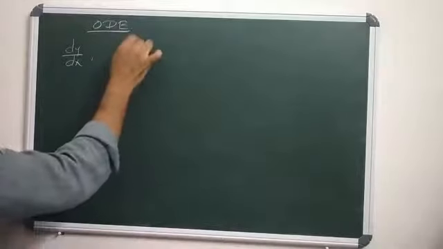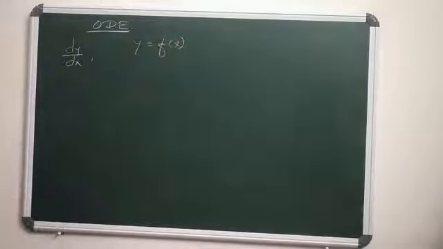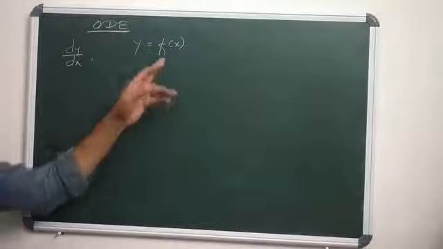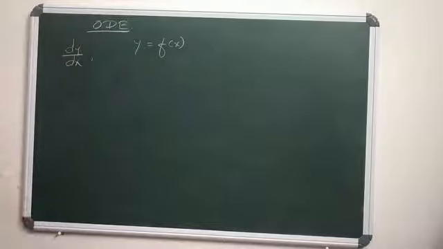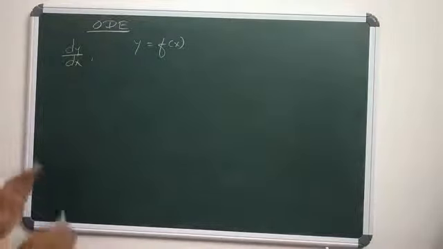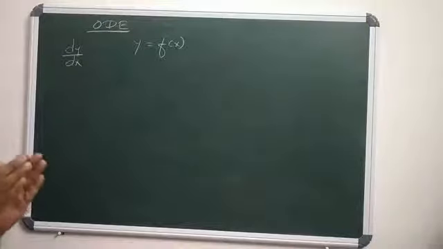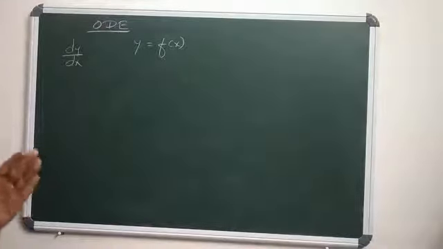So consider a function y equals f of x. Here x is said to be the independent variable and y is the dependent variable. Then an equation involving a differential coefficient or derivative is called a differential equation, and we can solve a differential equation by integrating it.